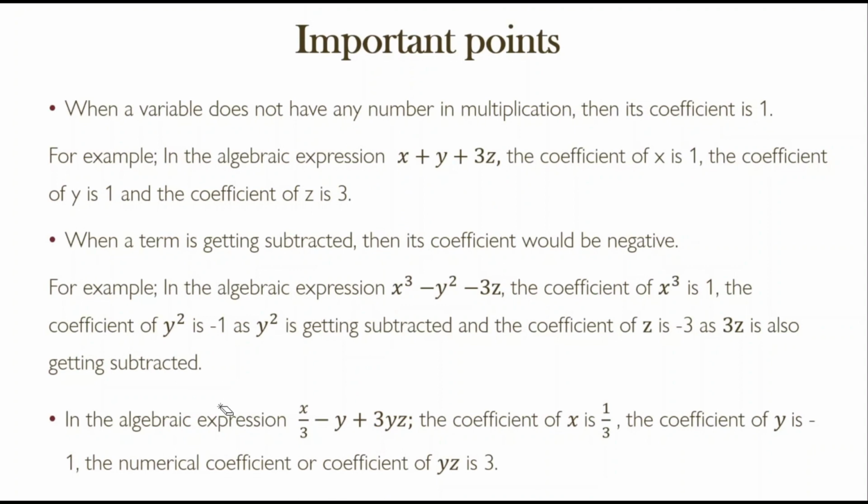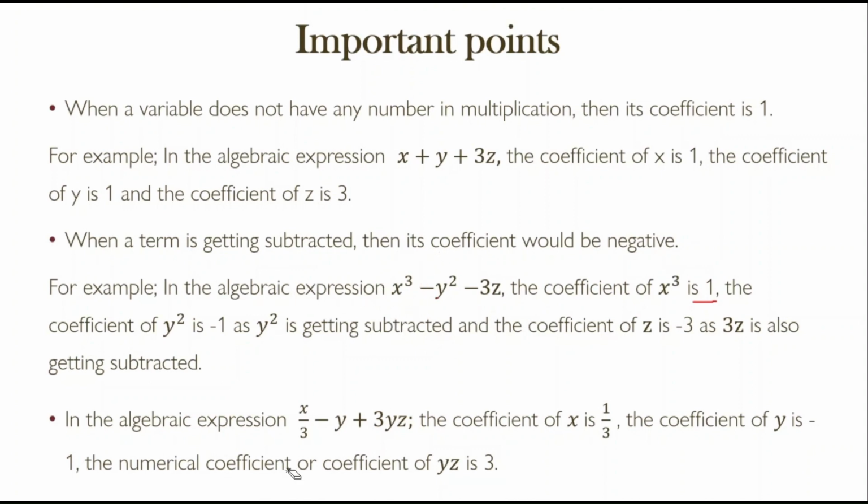Now, let's see the second point, which says when a term is getting subtracted, then its coefficient would be negative. What do they mean by it? Let us consider the algebraic expression x cube minus y square minus 3z. Over here, coefficient of x cube is 1, as we have learnt in the previous point, that when there is no number in multiplication with a variable, we can assume the coefficient to be 1.